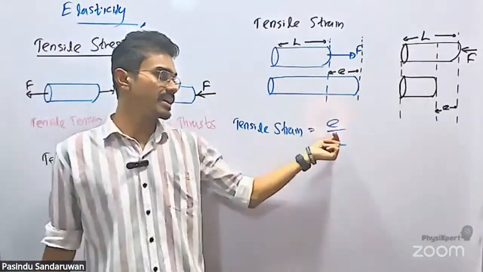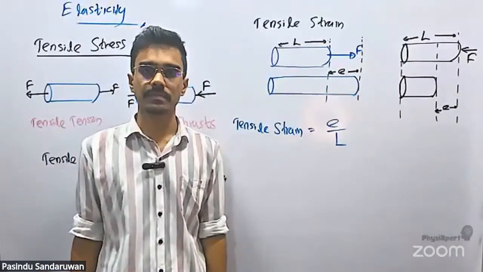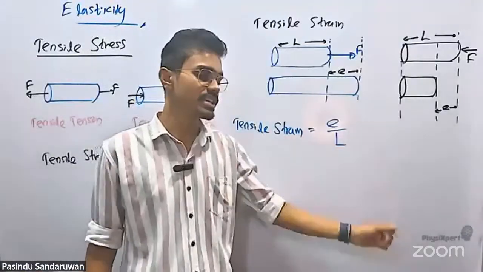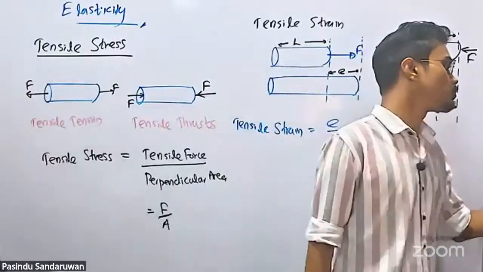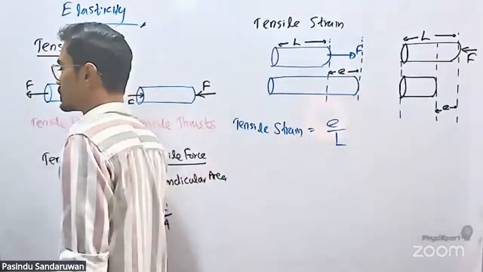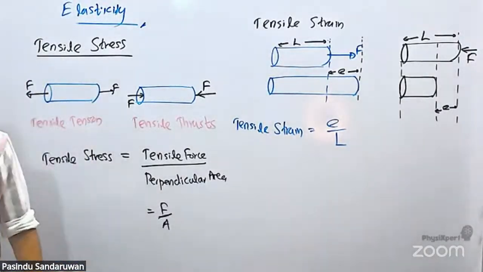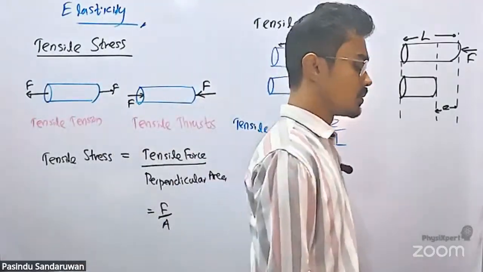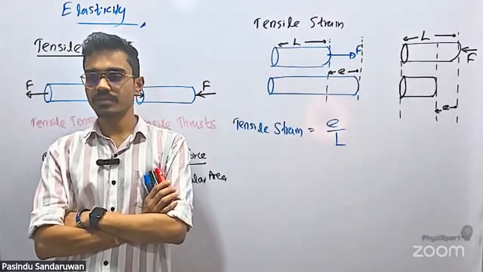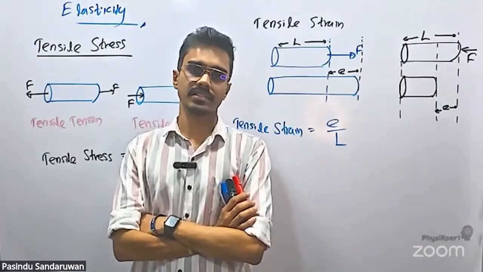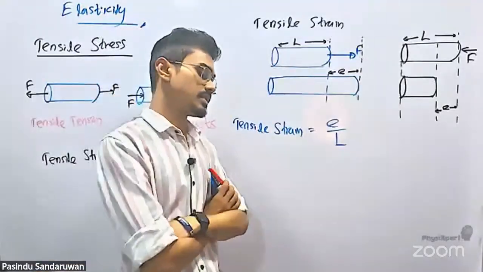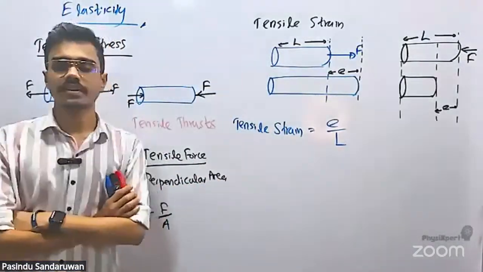Extension per unit initial length due to tensile force is defined as tensile strain.